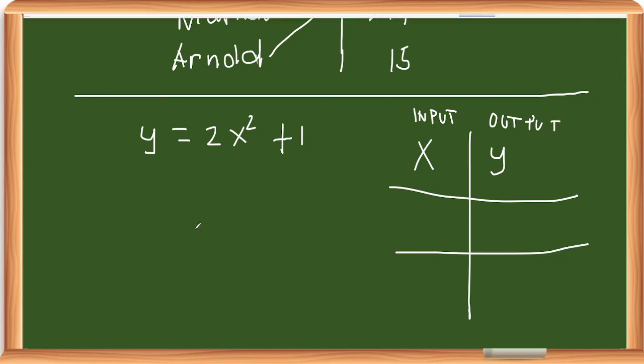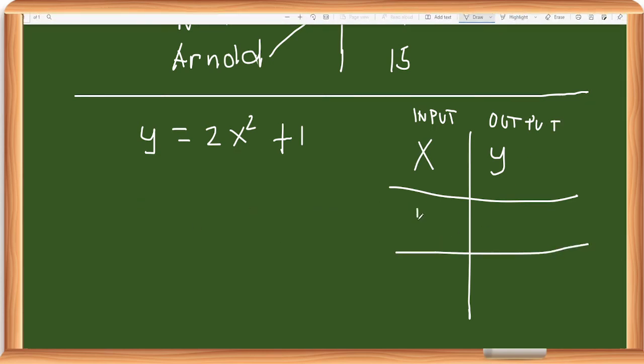Let's say x is equal to 5. Let's evaluate this equation using x as 5. Therefore y is equal to 2 times 5 squared plus 1. 5 squared is 25, times 2 is 50, and 50 plus 1 is 51. So your y therefore is 51.